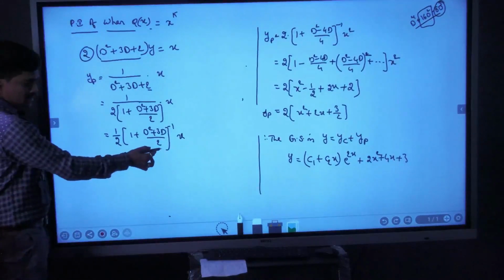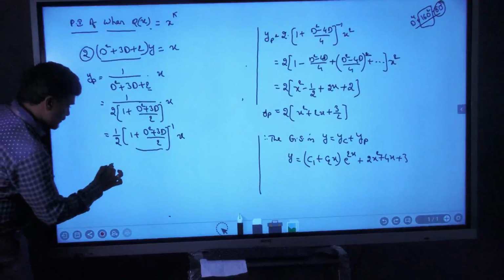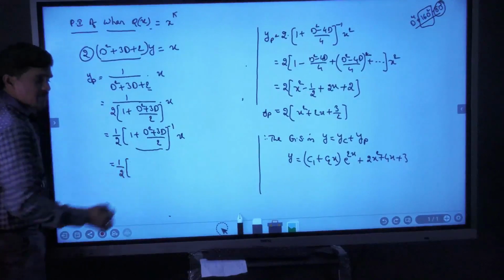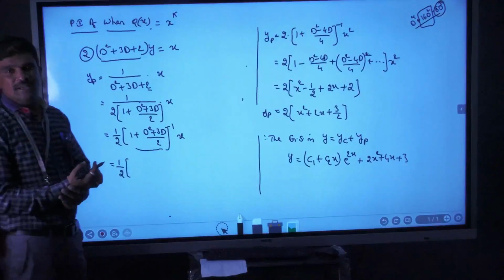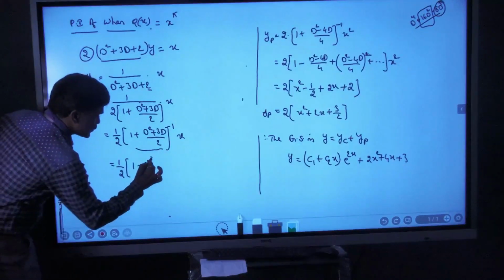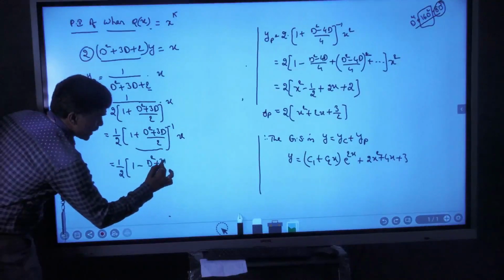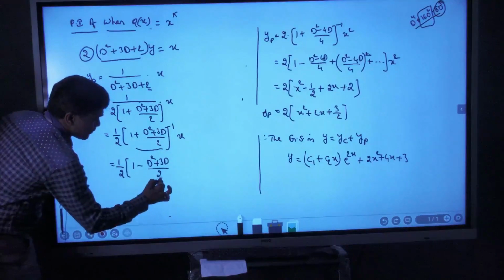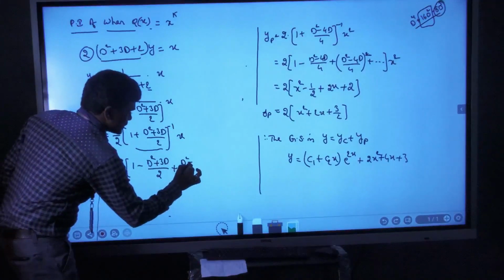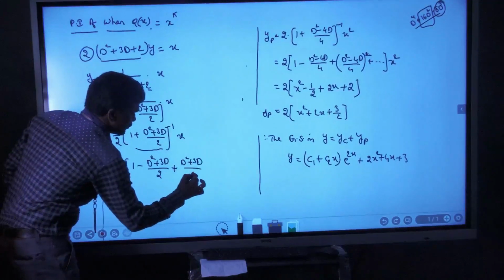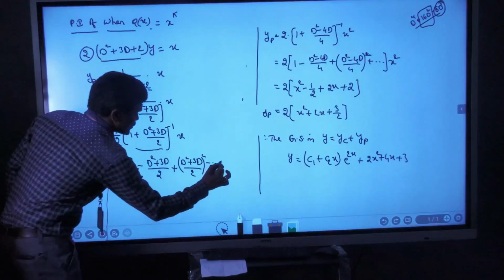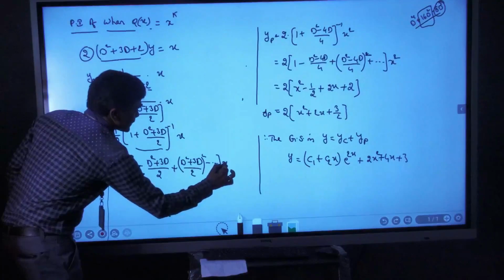Now expand this. We get 1 by 2 into the expansion, 1 plus d inverse, so write here 1 minus d. Here in place of d we have d square plus 3d by 2, plus d square plus 3d by 2 whole square, minus and so on, into x.